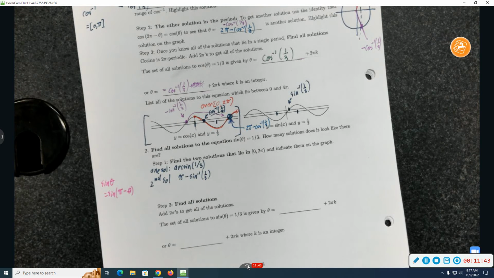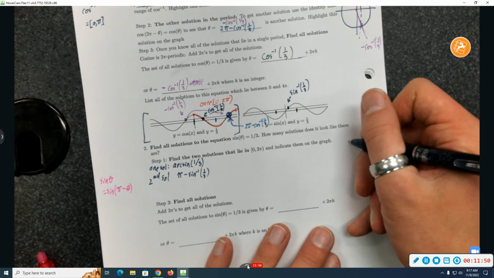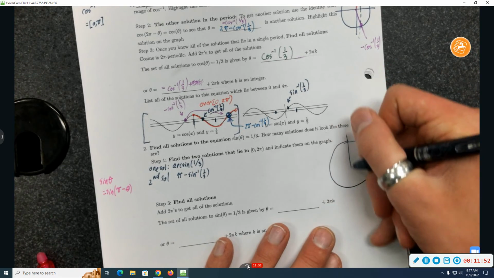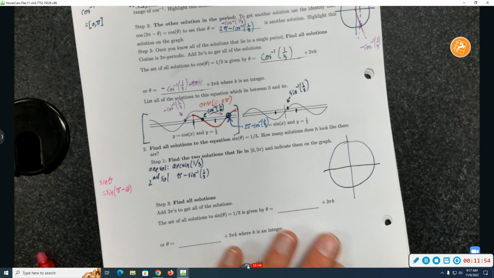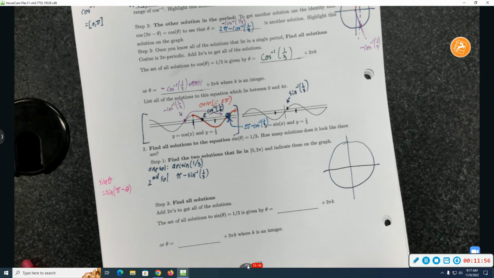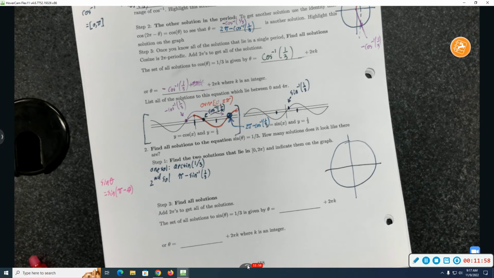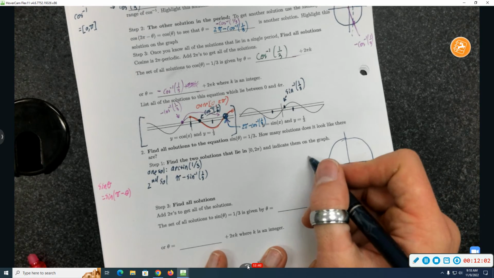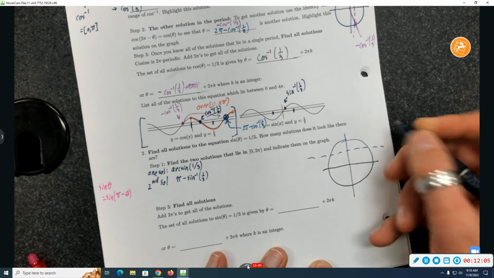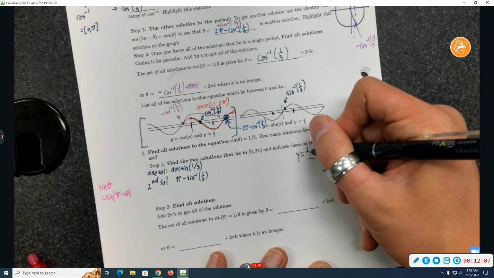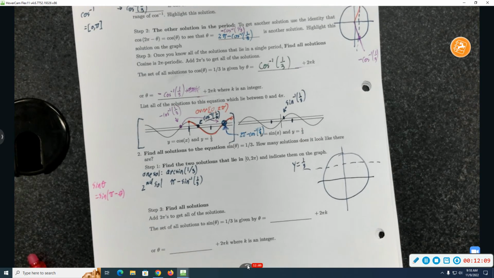That sound familiar to people? Alternately, if you like drawing unit circle pictures, let's draw the unit circle picture. There's the unit circle picture. Which feature on the unit circle gives you sine? Y value. So I'll draw this y value at y equals 1 over 3. It might not look like it's drawn to any sort of reasonable scale, but that's okay.